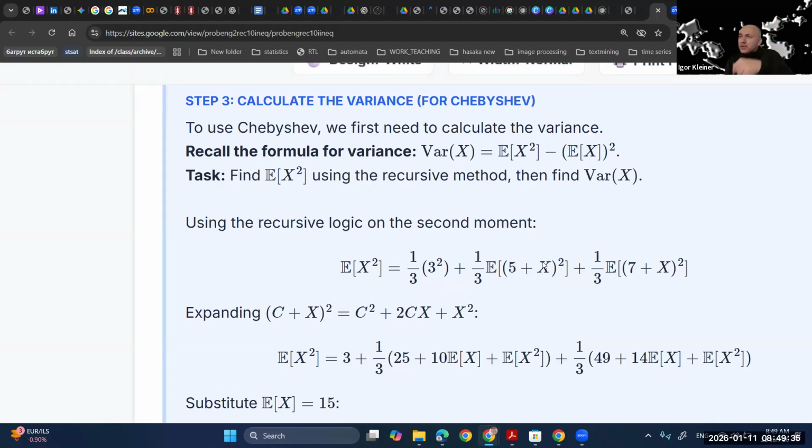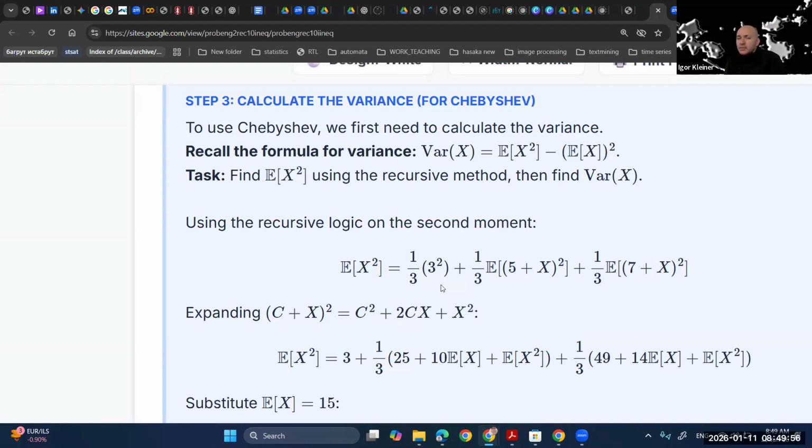The process restarts itself, so here we have 5 plus x, squared. And if he chooses the third door, he goes 7 hours and the process restarts again, so here we have 7 plus x, squared. Now we need to solve this equation. We open brackets and we solve.